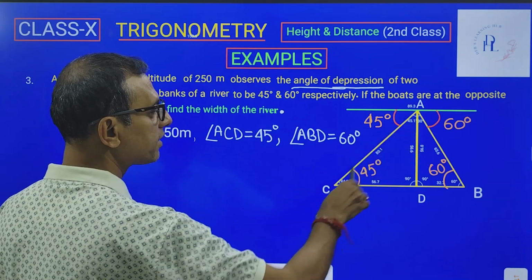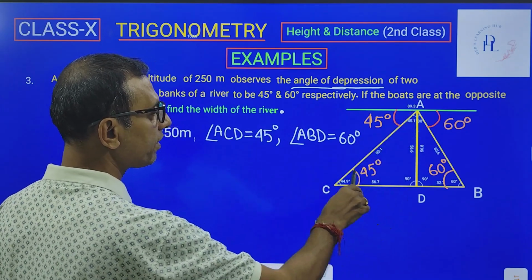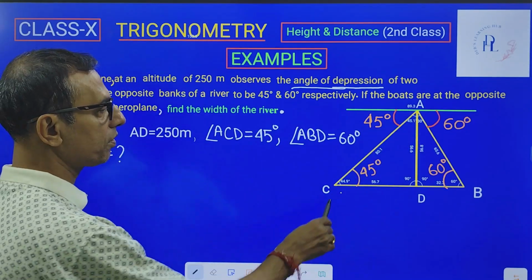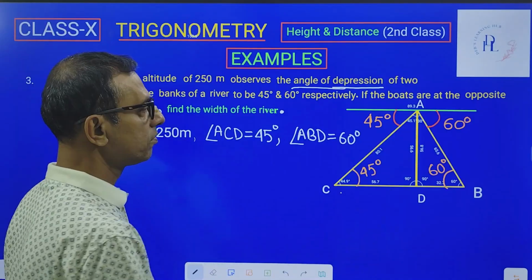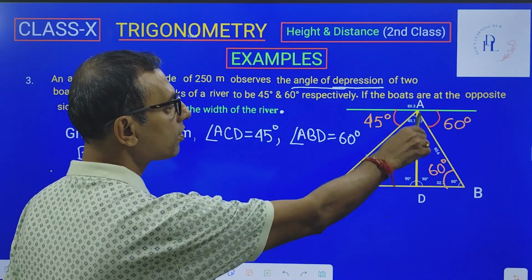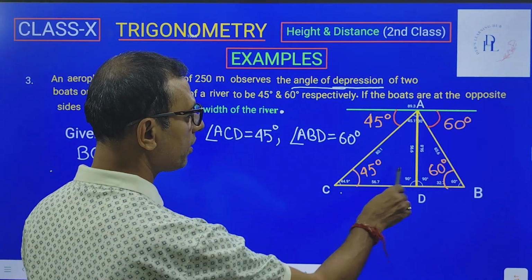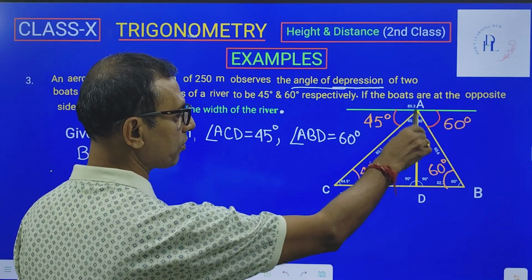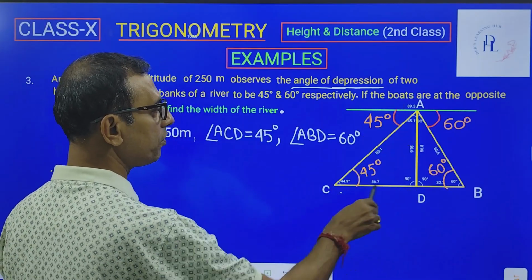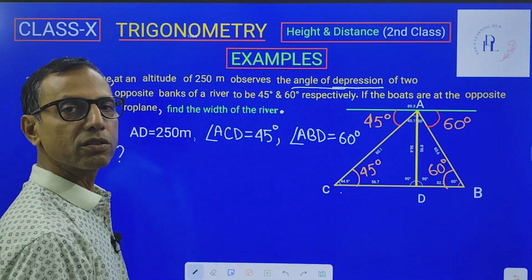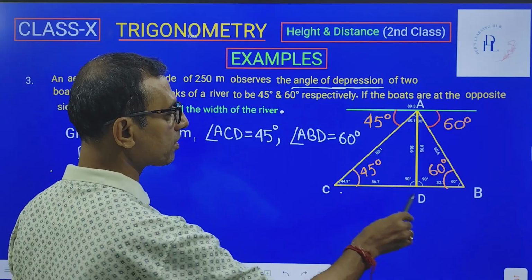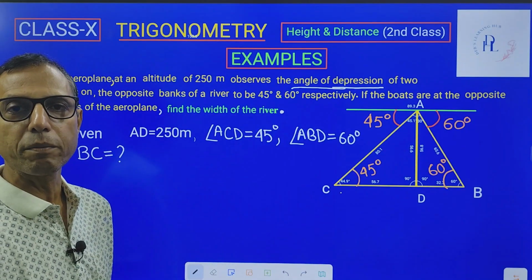And from angle ACD also, AD is given and the 45 degree angle is given, so you can find CD. BD you will find from triangle ABD, and CD from triangle ACD. Then you sum up BD plus CD, which is the width of the river.